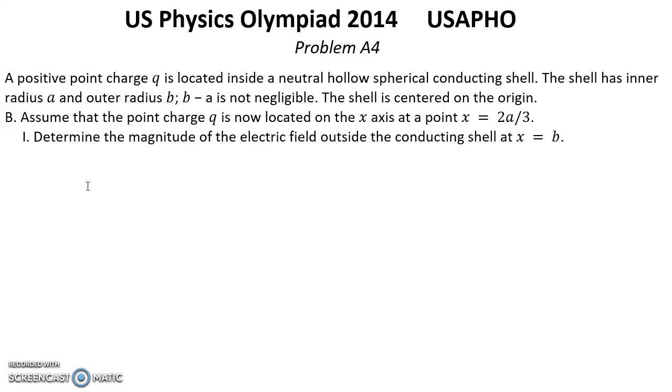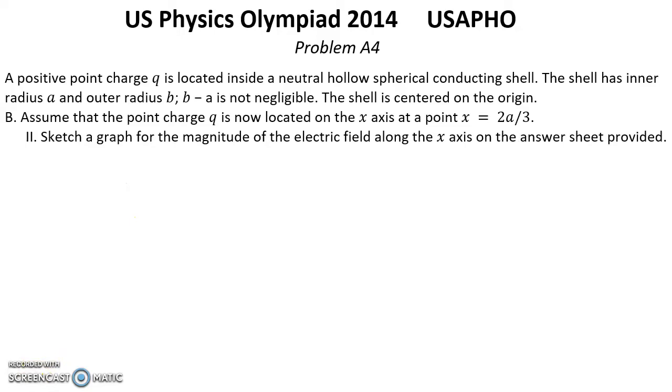And the charge on the outside surface will be distributed uniformly due to the same Gauss's law, and we have the same answer as for part A, question 1. So that will be the answer for question 1. Electric field at point B equals 1 over 4 pi epsilon 0 times q over b squared.